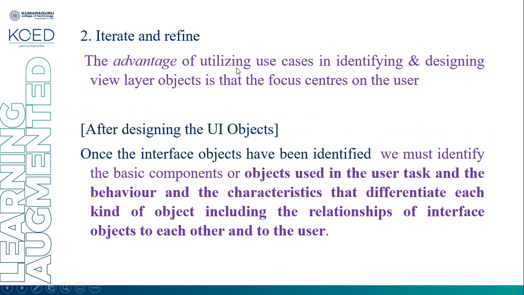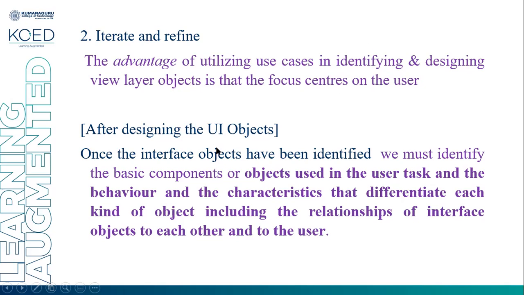The advantage of utilizing the use case in identifying and designing the view objects is that the focus centers on the user. So it is generally focused on the user.